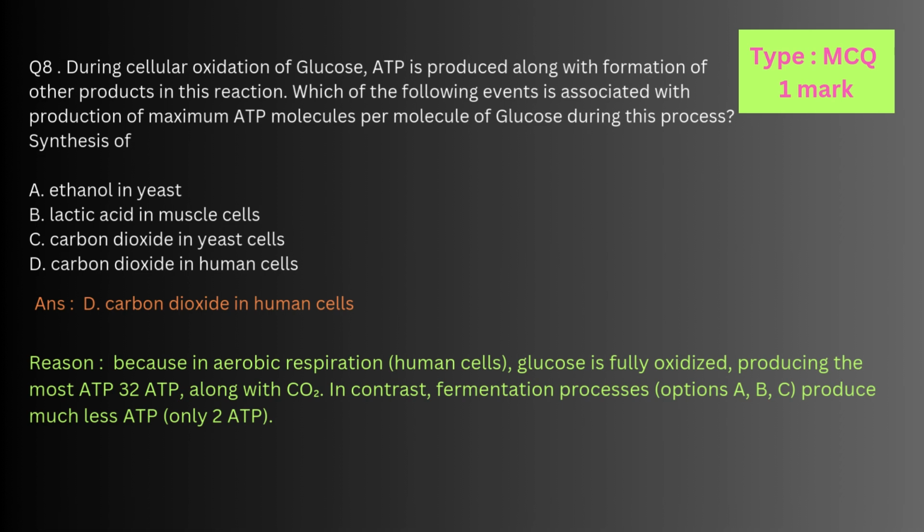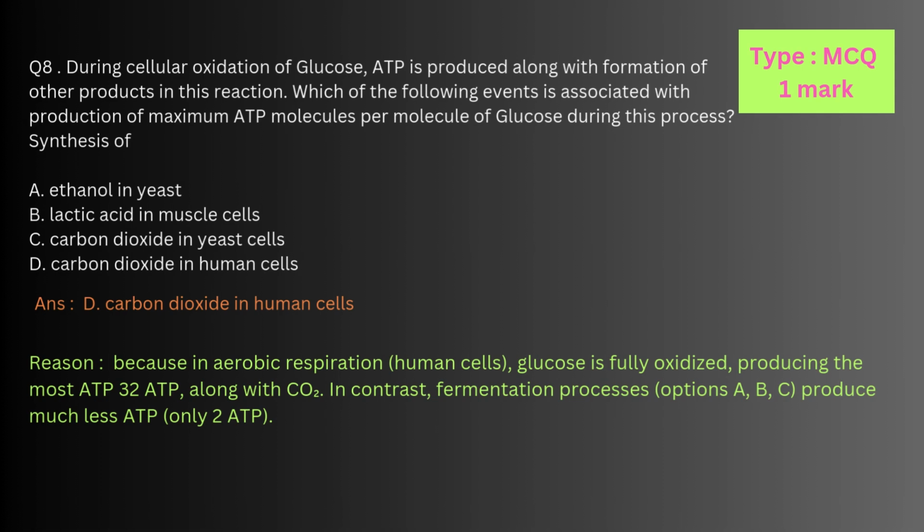Option B, lactic acid in muscle cells, is a part of lactic acid fermentation in anaerobic conditions, and it also produces very little ATP and lactic acid instead of carbon dioxide. Option C, carbon dioxide in yeast cell. During fermentation in yeast, carbon dioxide is produced but ATP yield is much lower than in human cells because fermentation only generates 2 ATP molecules per glucose molecule.